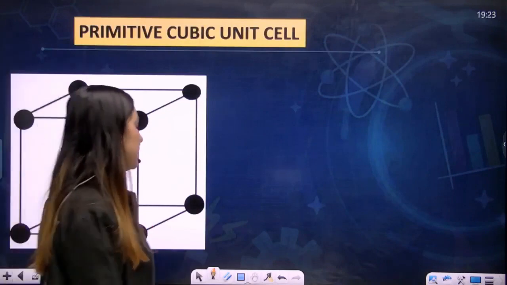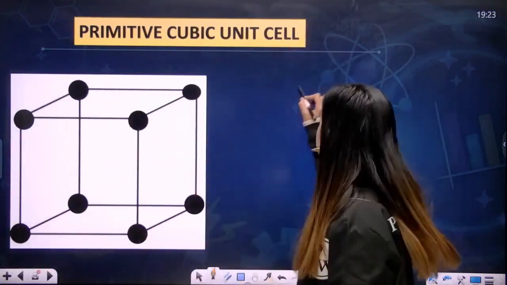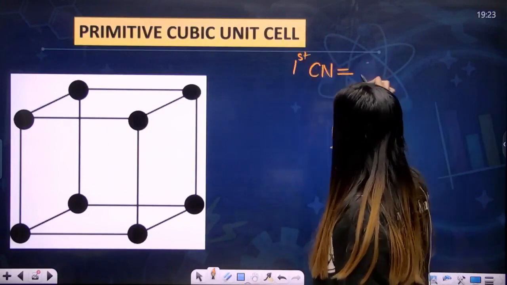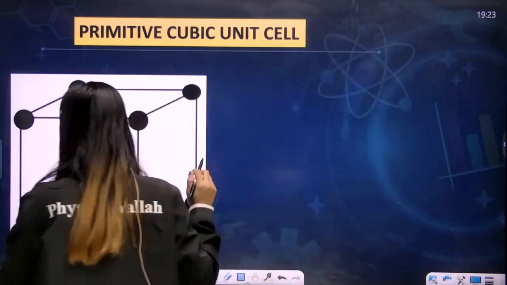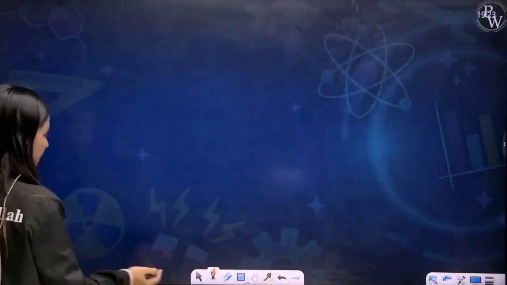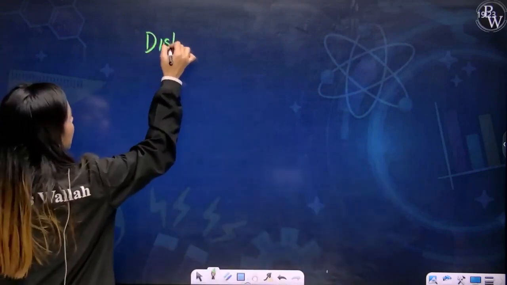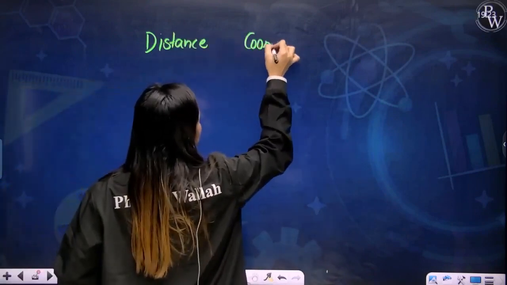Let's talk about a primitive unit cell. In a primitive unit cell, we initially calculated the coordination number that came out to be 6. Now you'll just see the trick. I'll just write the trick first and then I'll make you explain. Okay, so you write here distance and then here write the coordination number.